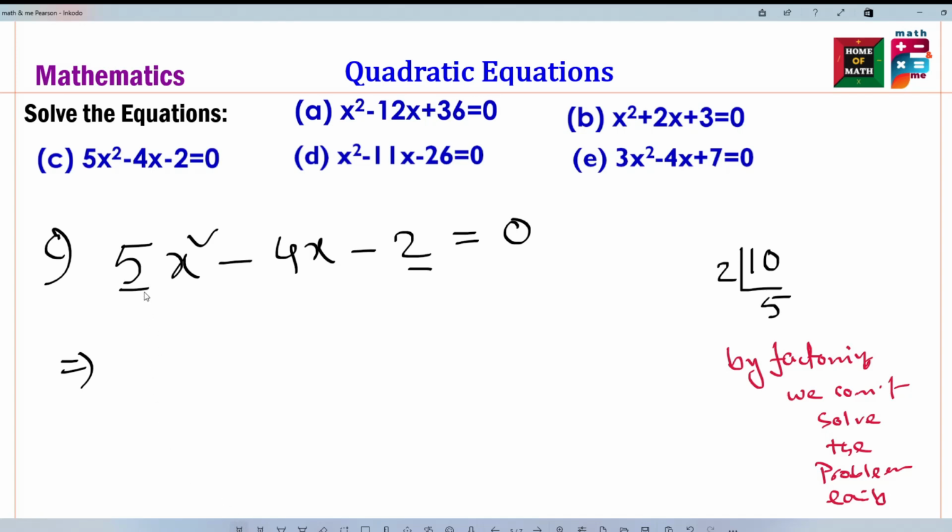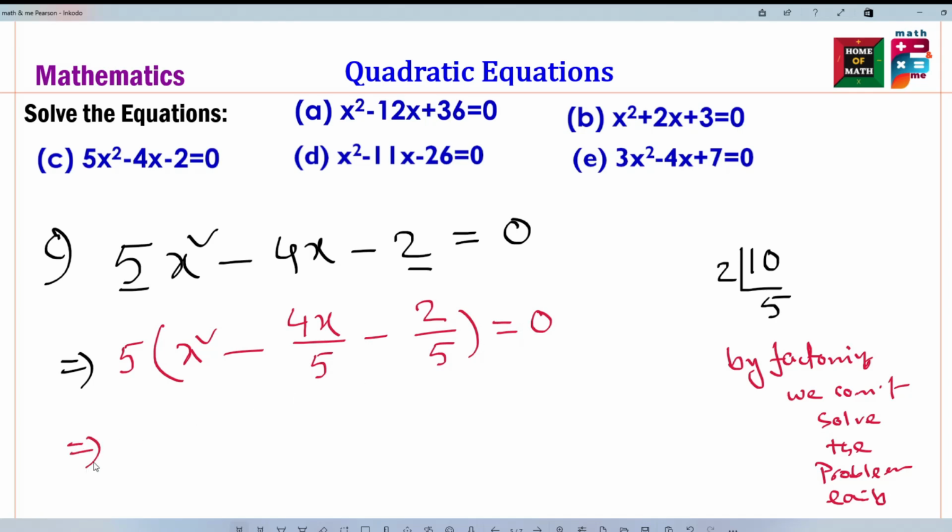So look, if we take common 5, we will get here x square, and here 4x divided by 5, and here minus 2 by 5 equals 0. So look, here is x square minus 4x divided by 5 minus 2 divided by 5 equals 0.